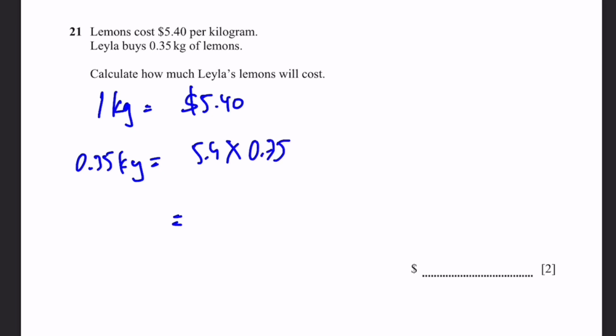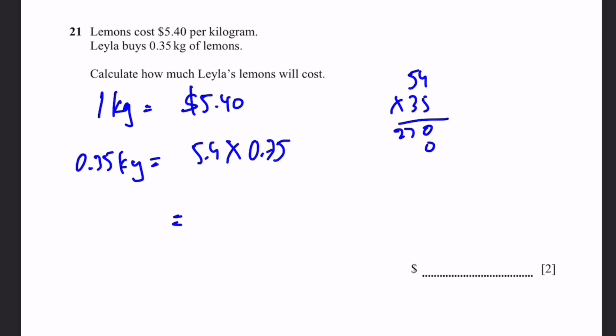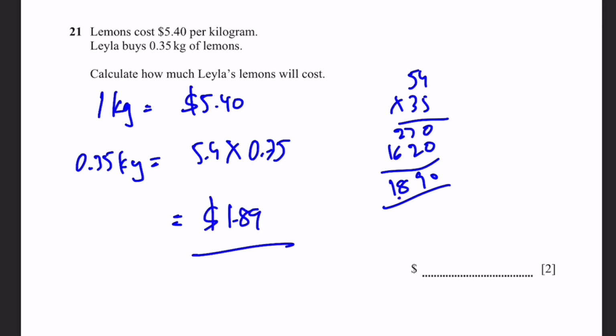That's equal to, we can just do the maths here. Now 0, 27, 2, 16. And now we get 1890. And then we add 3 decimal places. $1.89. That's the answer.